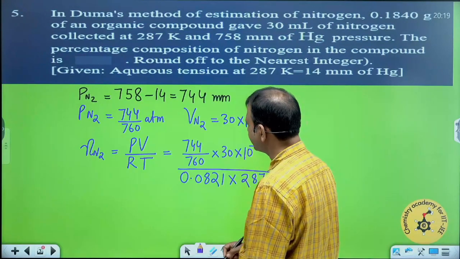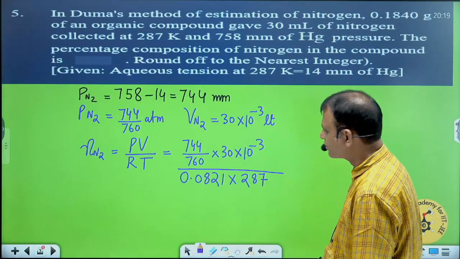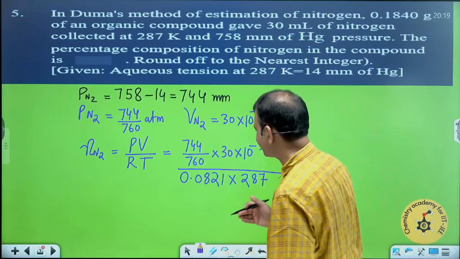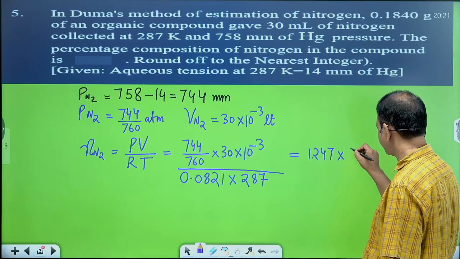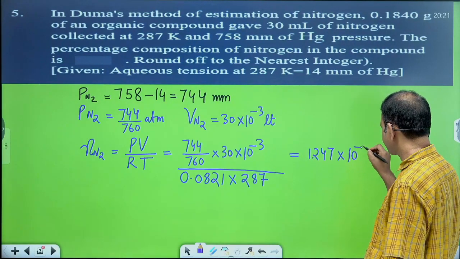From here we can calculate the number of moles. If we use a calculator, we get this value as 1.247 into 10 to the power minus 3 moles.